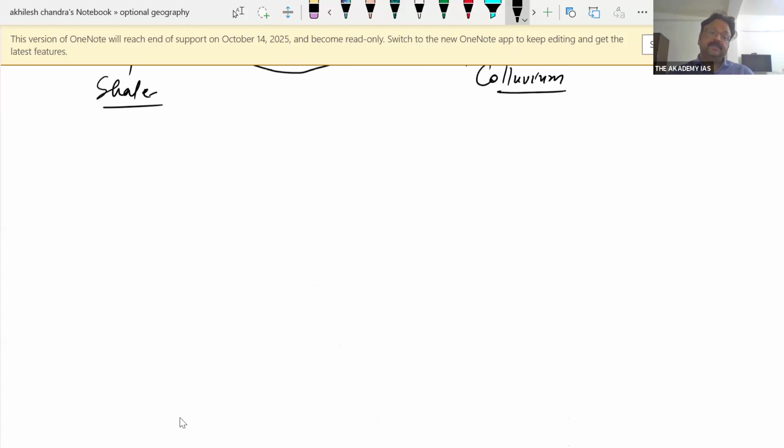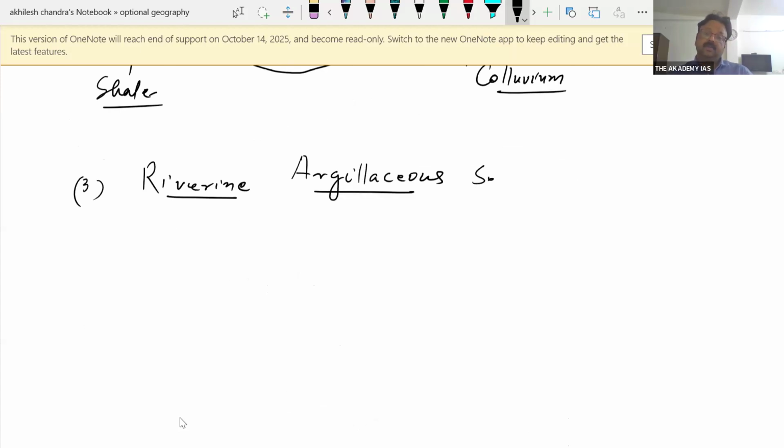The third is riverine, argillaceous sedimentary rock.